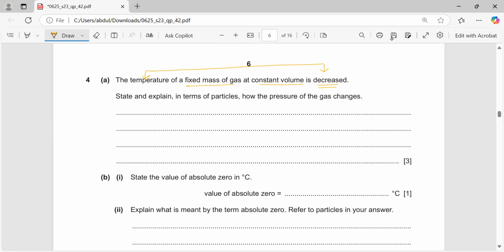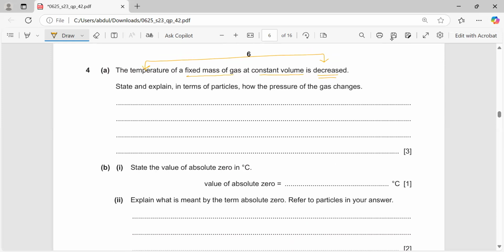Of course, pressure of the gas decreases. Pressure of the gas decreases.